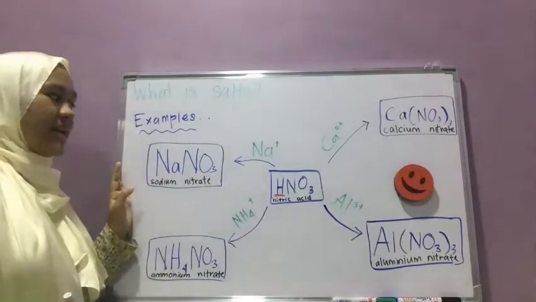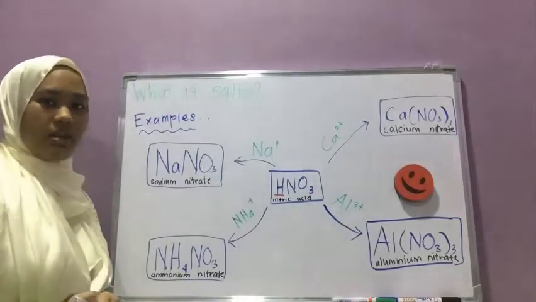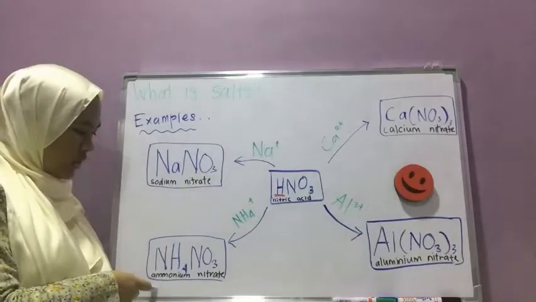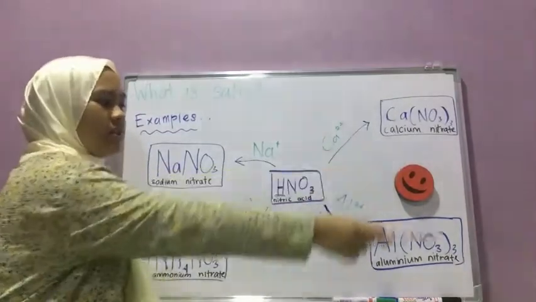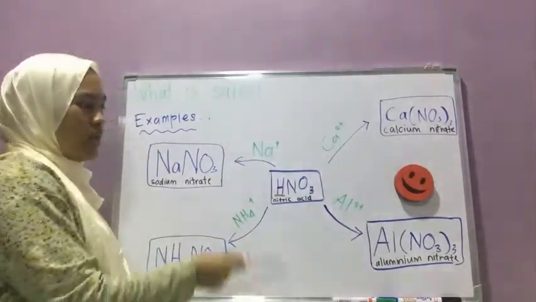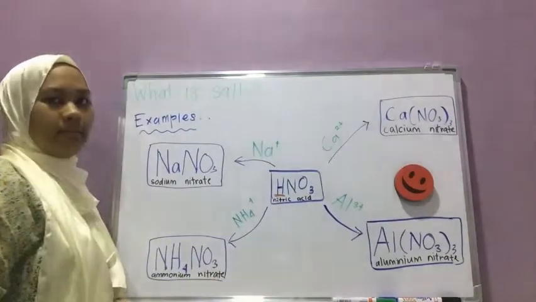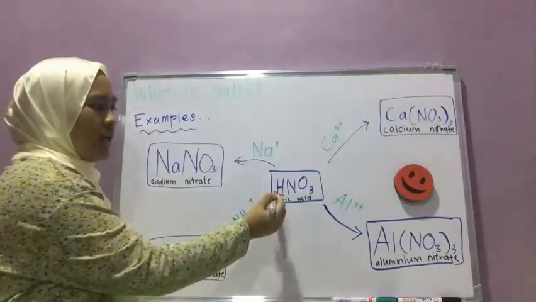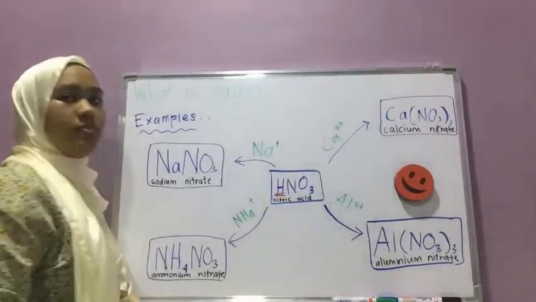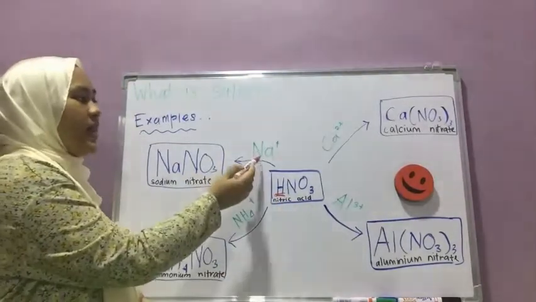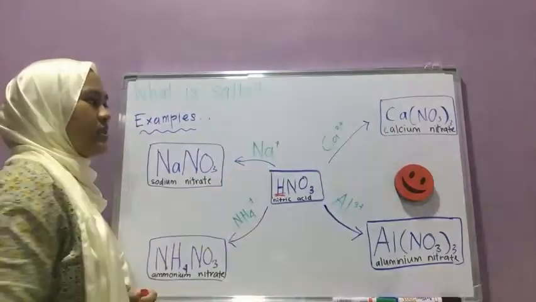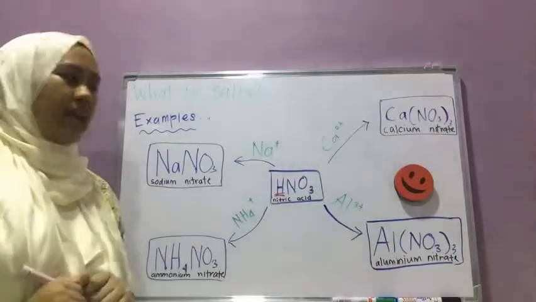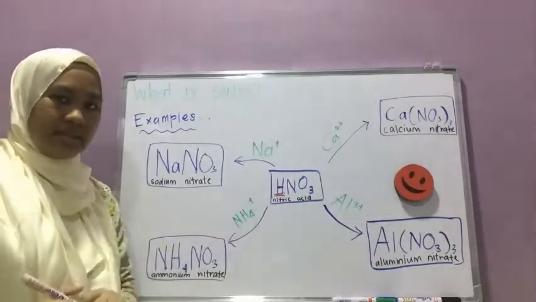So this is the example of the salts. As you can see here, we have sodium nitrate, ammonium nitrate, calcium nitrate, and aluminum nitrate. We use nitric acid. So, hydrogen of the nitric acid is replaced by the metal ion, which is we have Na+, Ca2+, and Al3+.